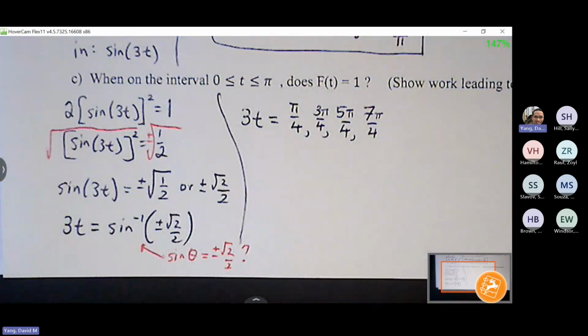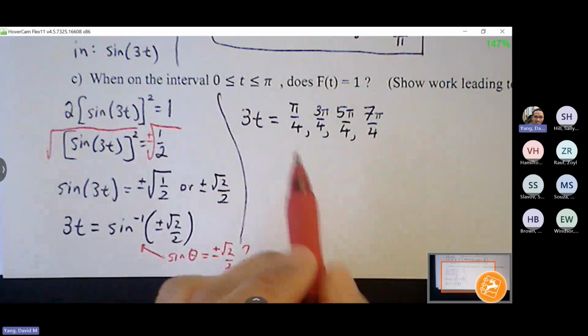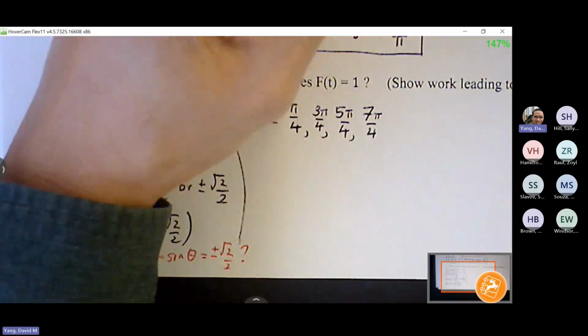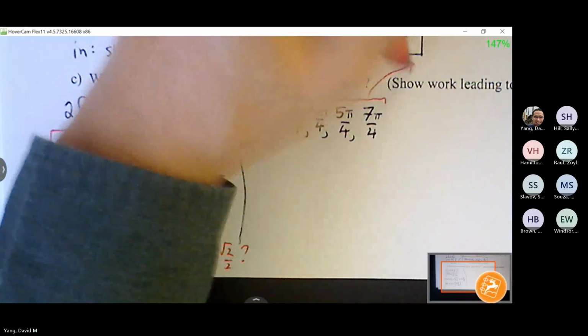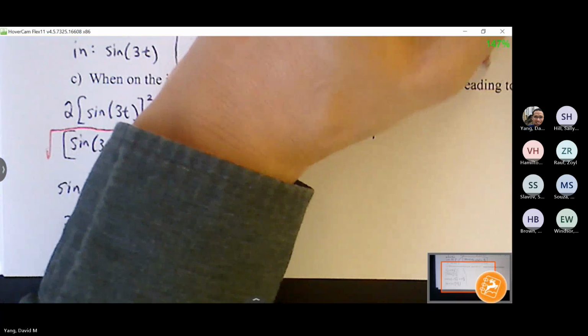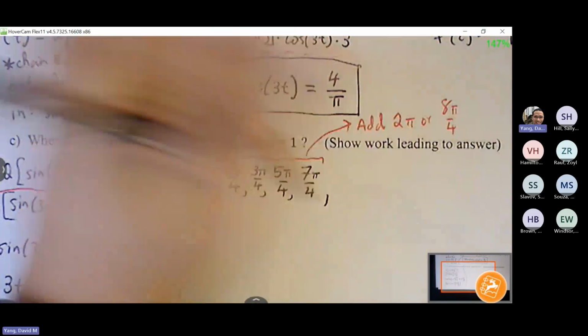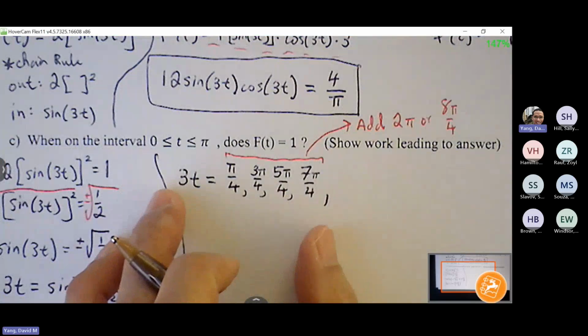Okay. Everything beyond this will be past the 2 pi mark, but let's go ahead, and what we can do is we can add 2 pi or 8 pi over 4 to these initial ones and see if they will fit, because we got to divide by 3t.